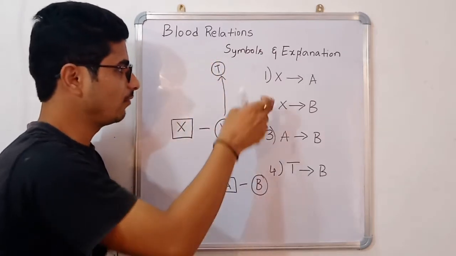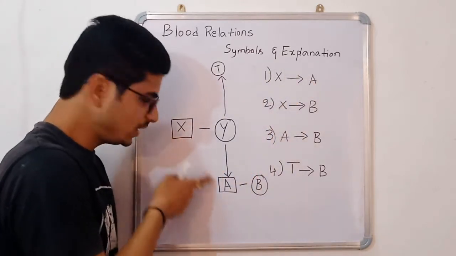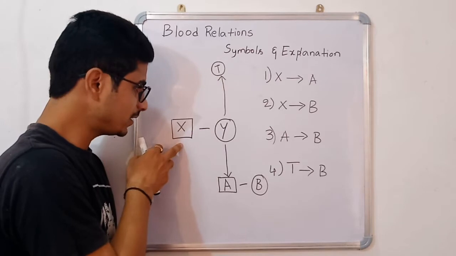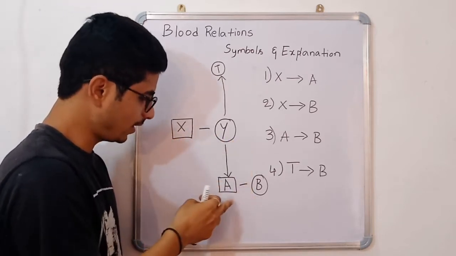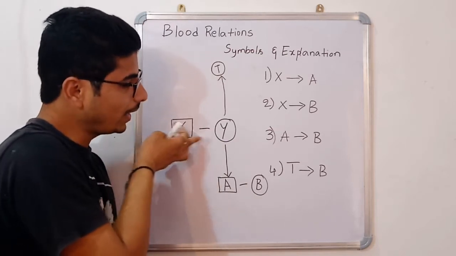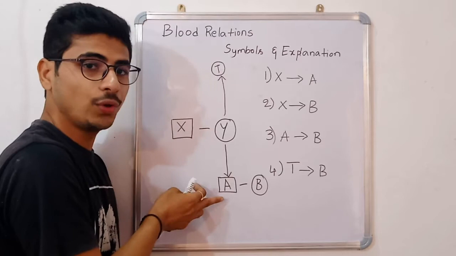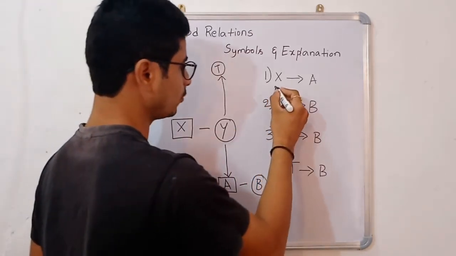Next, we need to see from X to A. So this X has a sister who is Y. His sister has a son, right? So this X will call his sister's son, who is a male, a nephew. Okay, so the answer is nephew.